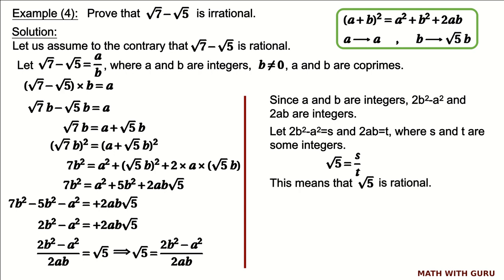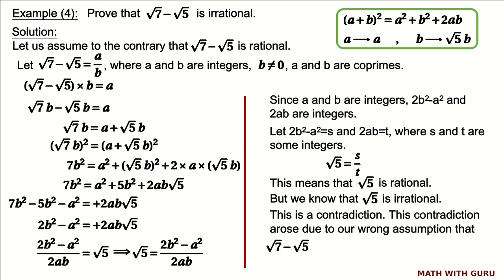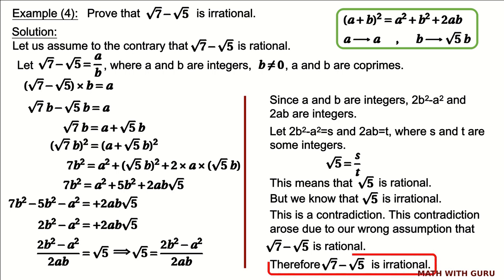This means that root 5 is rational, but we know that root 5 is irrational. 5 is a prime number. Root of a prime number is irrational. This is a contradiction. This contradiction arose due to our wrong assumption that root 7 minus root 5 is rational. Therefore, root 7 minus root 5 is irrational.